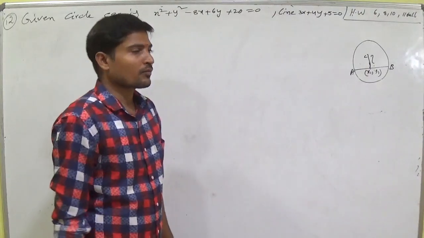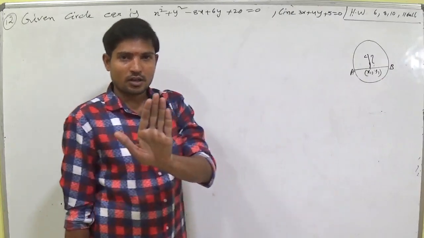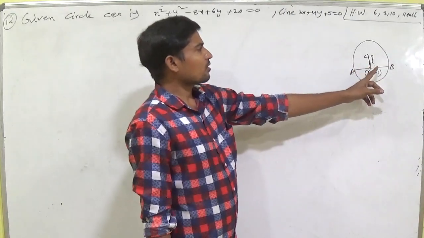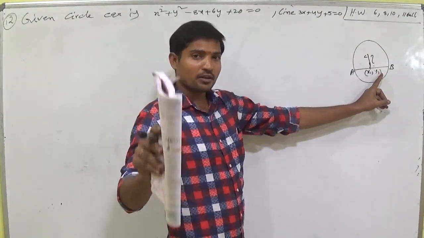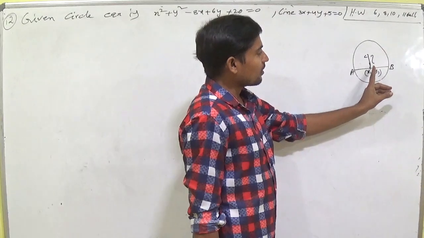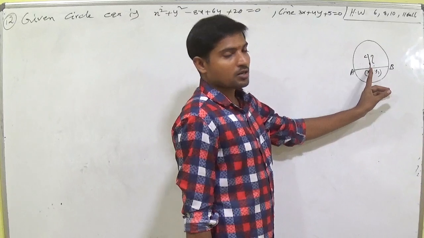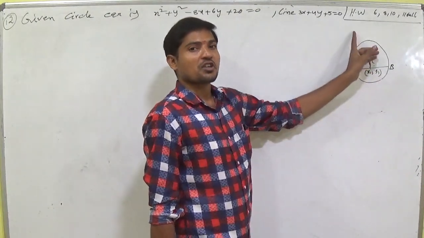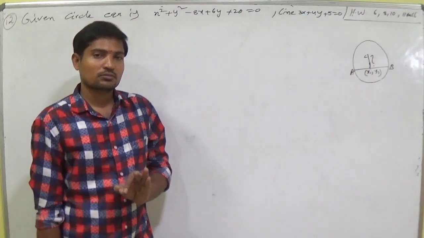Understand? Suppose the given line is this. I need to find the perpendicular, the midpoint of the chord equation.